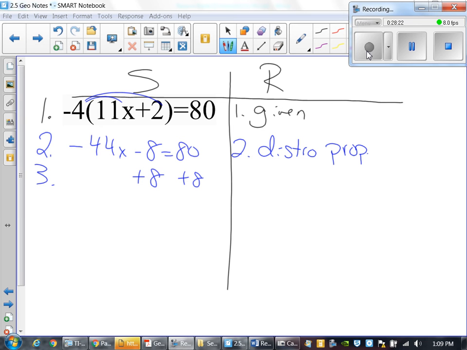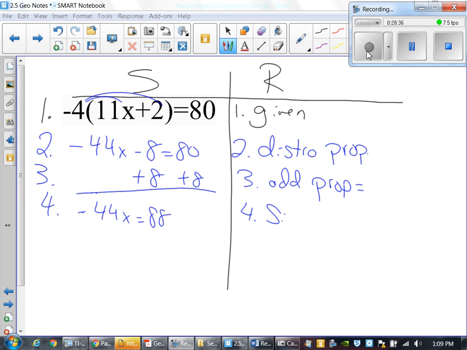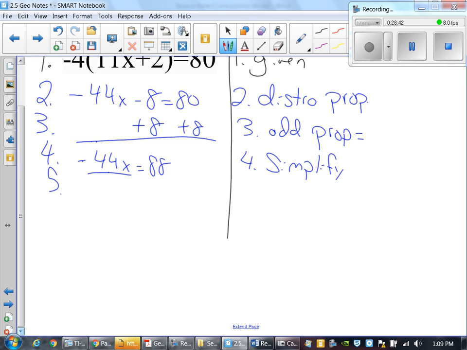Okay? So here we have the add prop equal. After that, hopefully you guys did a simplify step. After that, I'm assuming most of you guys would have divided by on both sides.